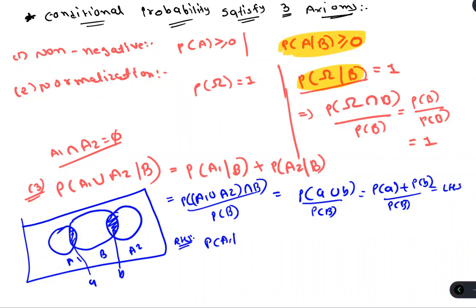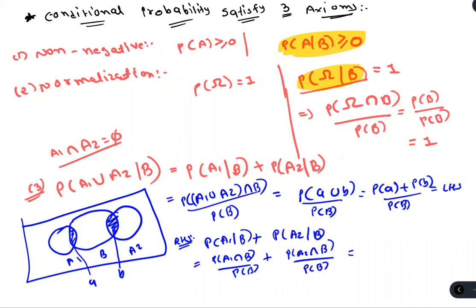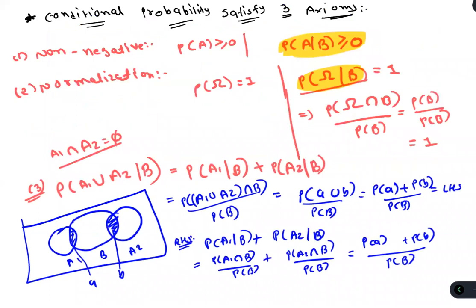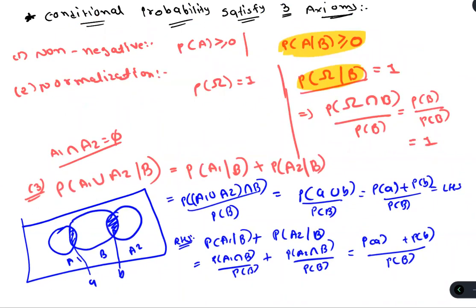So P of A1 given B plus P of A2 given B. A1 given B means A1 intersection B upon P of B, plus P of A2 intersection B upon P of B. So this A1 intersection B means this A only, and so on, with P of B as the common denominator. I think you got this clearly.